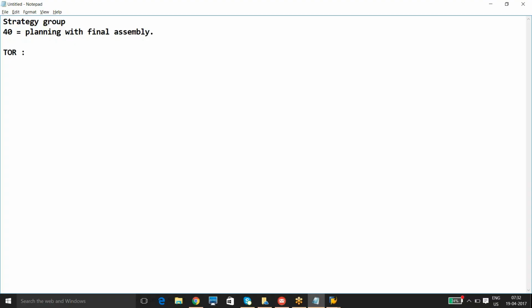So this order, or you can say requirement, or any other type of sales document, when it flows from ECC to APO, this process is called transfer of requirement.